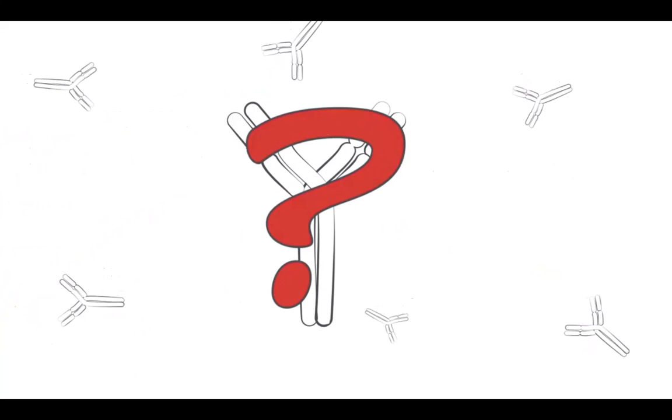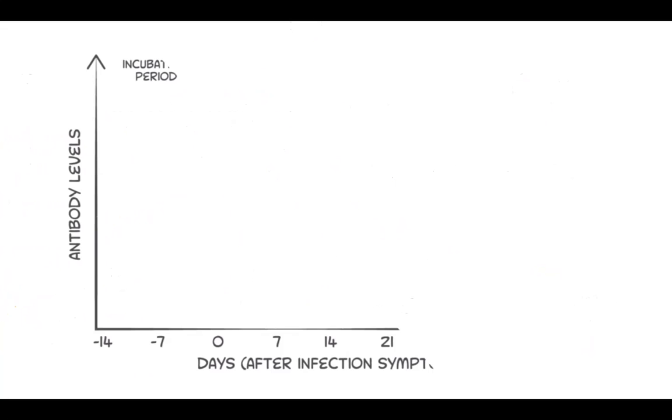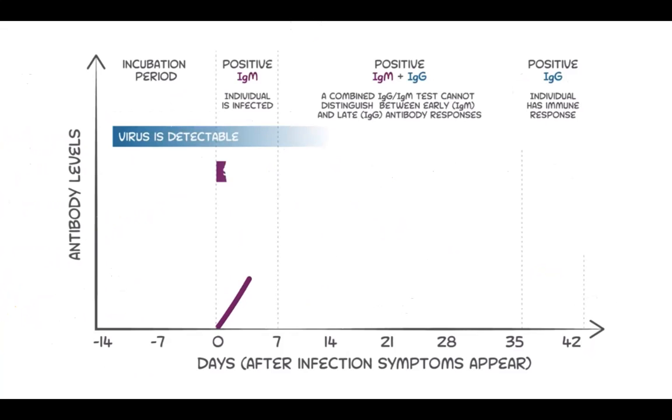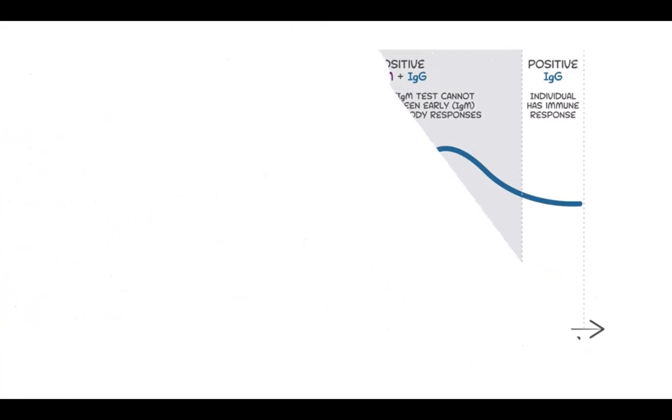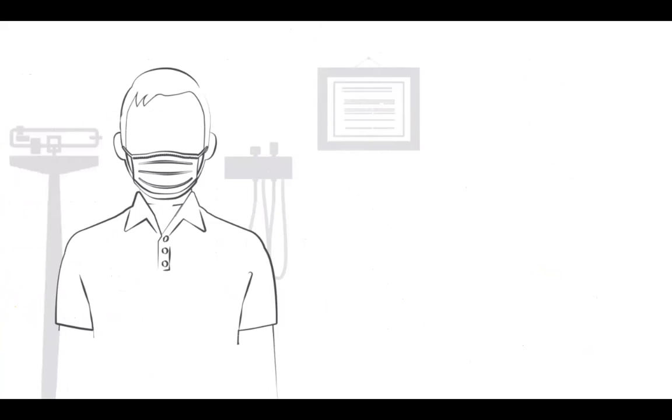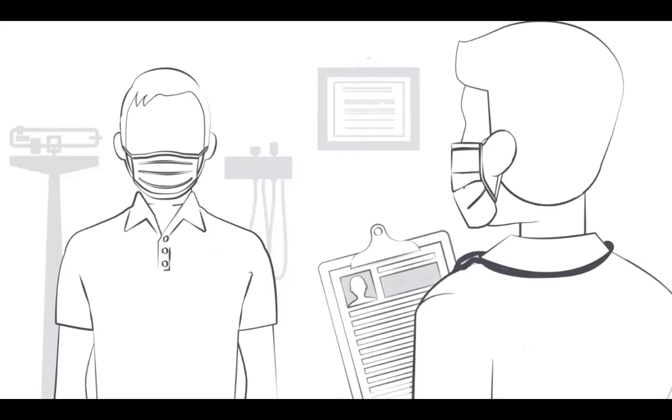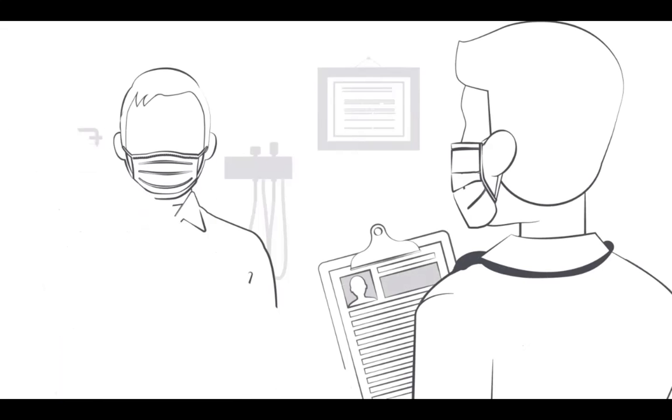Total assays, which are combined IgG-IgM tests, cannot distinguish between early IgM and late IgG antibody responses. As a result, total assays can't reveal whether a person has the IgG antibodies that are needed for longer-term immunity or if they are currently infected. For clinicians, knowing whether an individual has developed SARS-CoV-2 specific IgG antibodies could be critical to determining immunity.